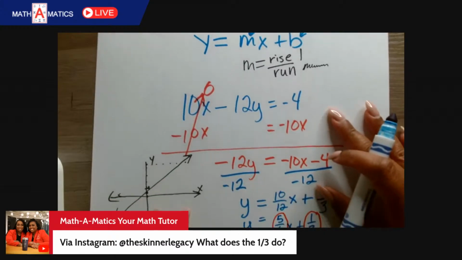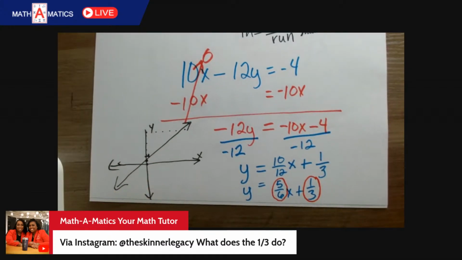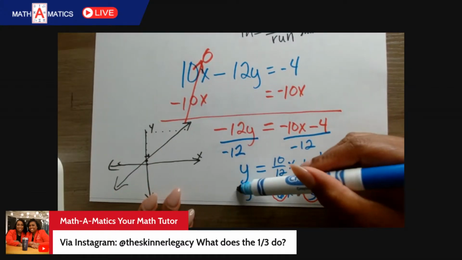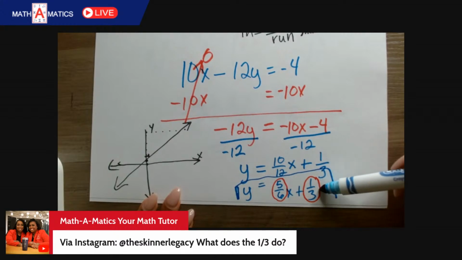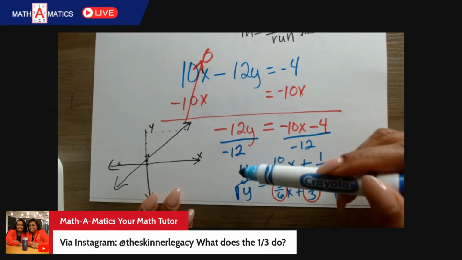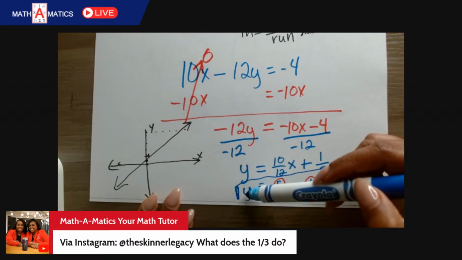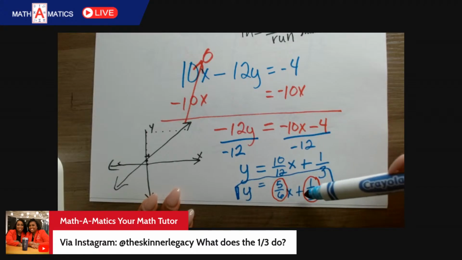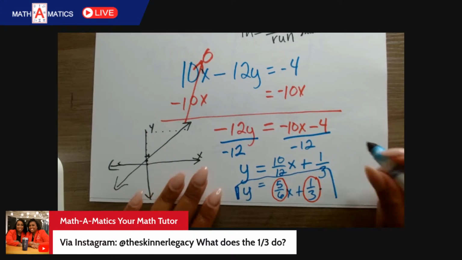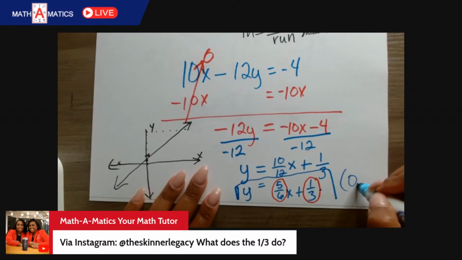I will go back. What does the 1/3 do? Well, the 1/3 is your y-intercept. Because if you notice, we have our problem back as y equals mx plus b. So the 1/3 is your y-intercept, which is a point on the graph. So you would be able to graph 0, 1/3.